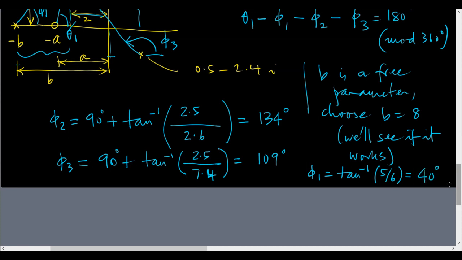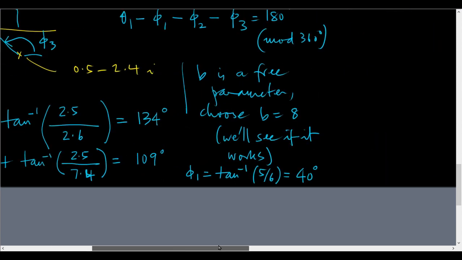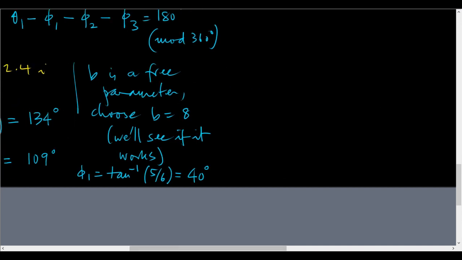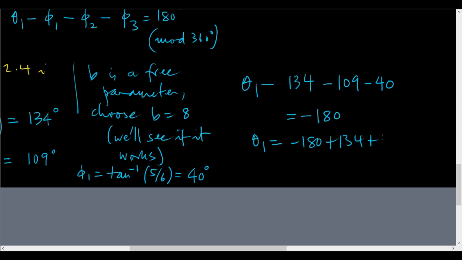All right. And so what do we need? What we need is, I'll move this here. So what we need is theta 1, right? So I have here theta 1. So what we need is theta 1 minus 134 minus 109 minus 40. And it is much easier to make this something like minus 180. So minus 180. And so theta 1 equals minus 180 plus 134 plus 109 plus 40 equals.